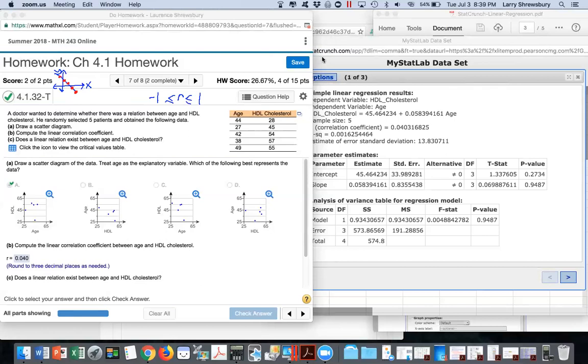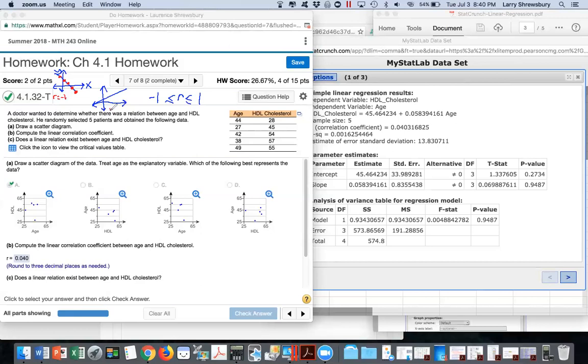Okay. Now, what's a +1? Well, let me make a rough sketch of that. Okay, so positive slope. So that's a straight line. And this was an example of r equals -1.